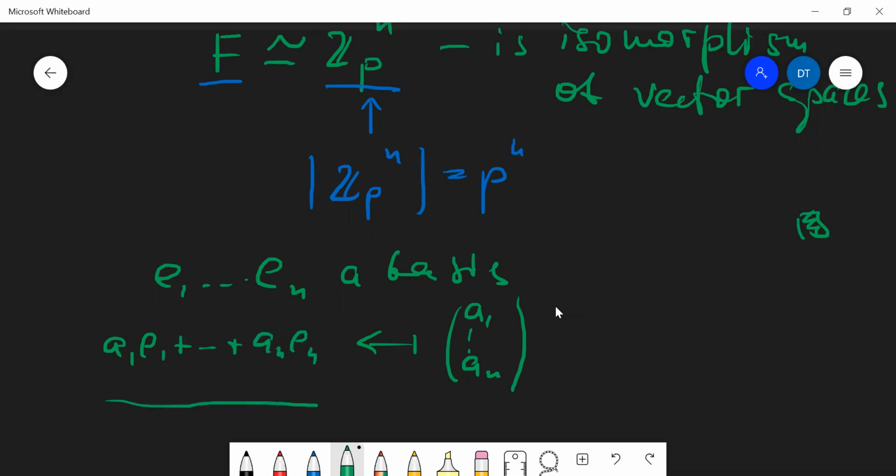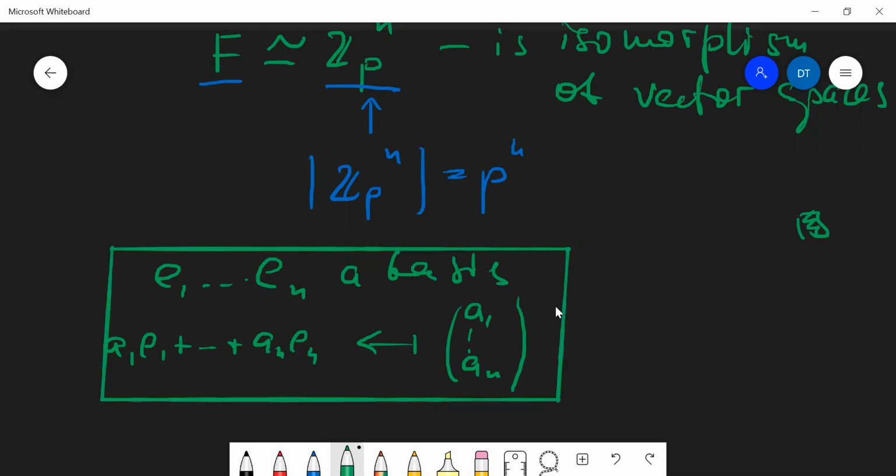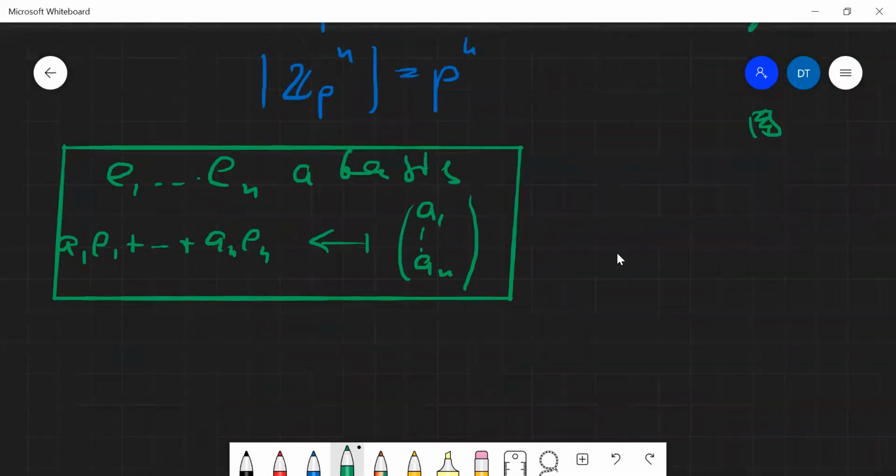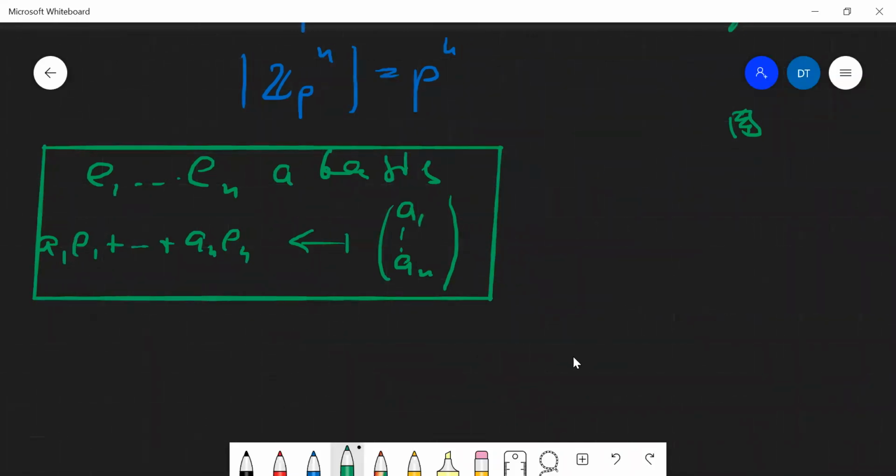So this is how this isomorphism works. I hope you know this from the linear algebra course. So simply you have p possibilities for each coefficient, then you have p times p times p and so on, options for all possible elements of the field. Okay, this is the second claim.